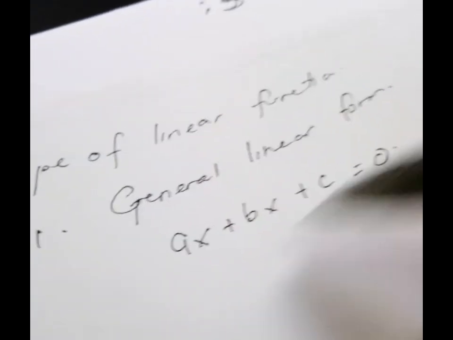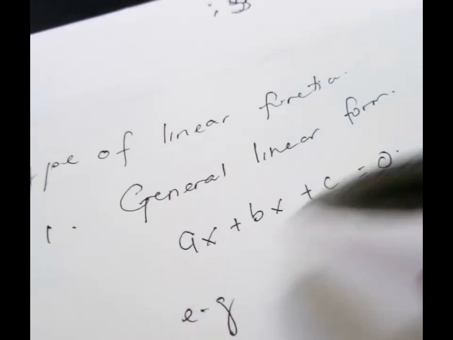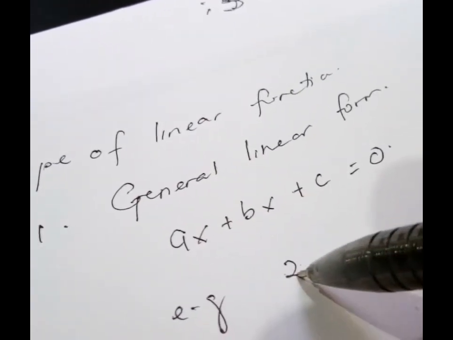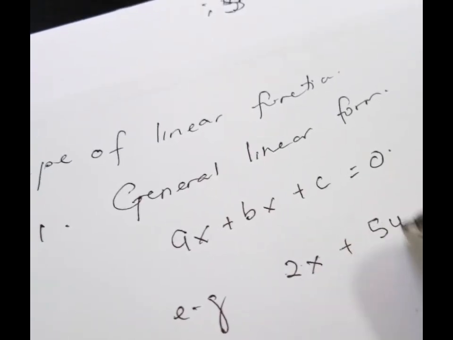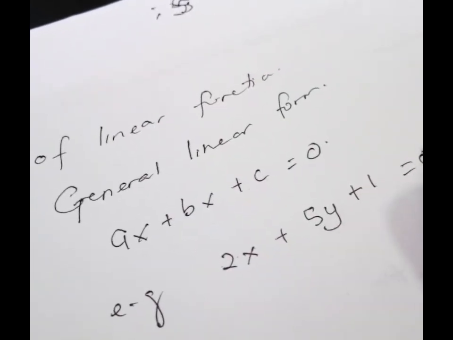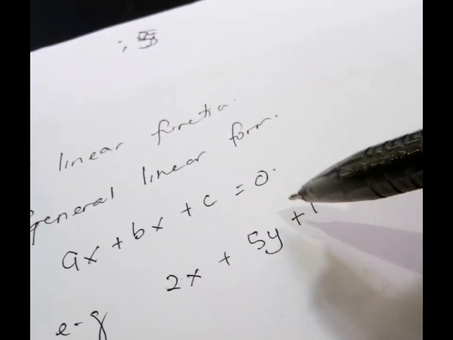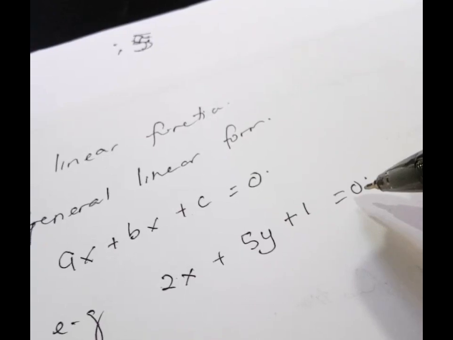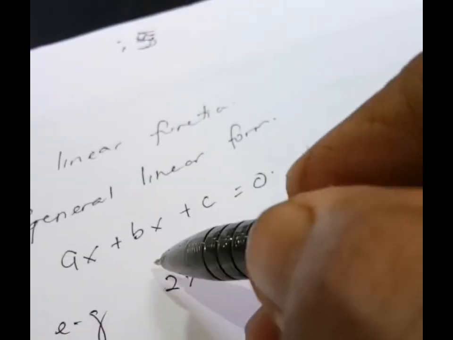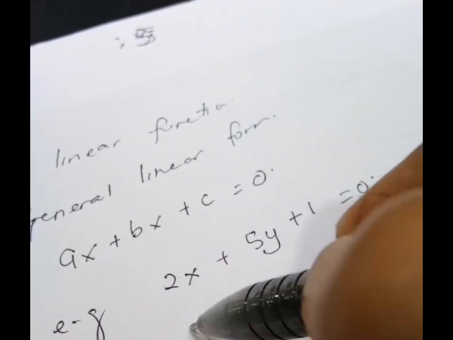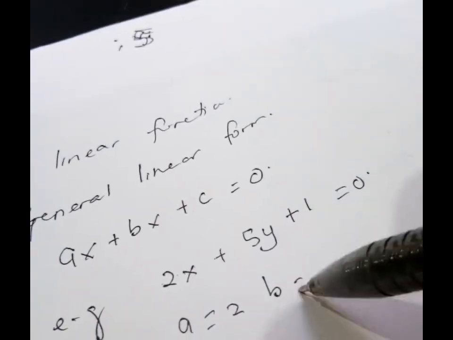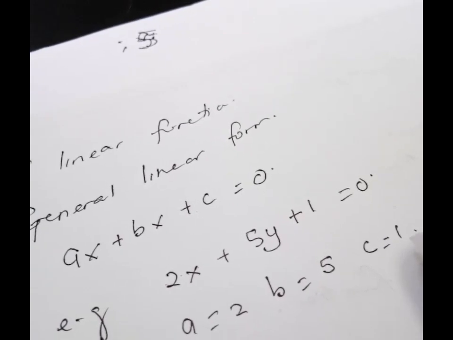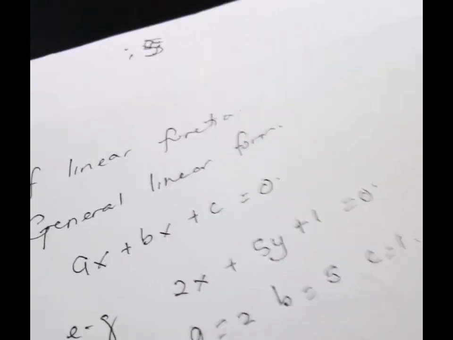For example, 2x plus 5y plus 1 equals 0. We must rearrange the equation and set it to 0 on the right side. Comparing the general form and the example, a is 2, b is 5, and c is 1. This is the general linear form.